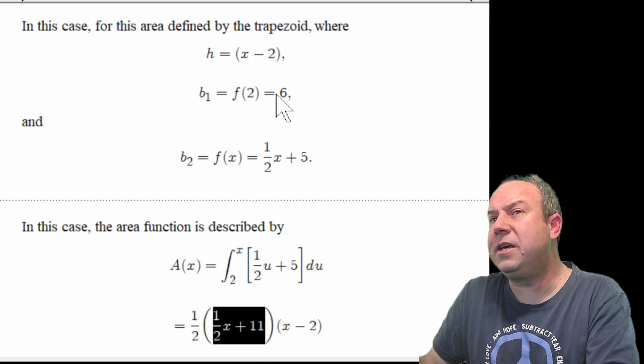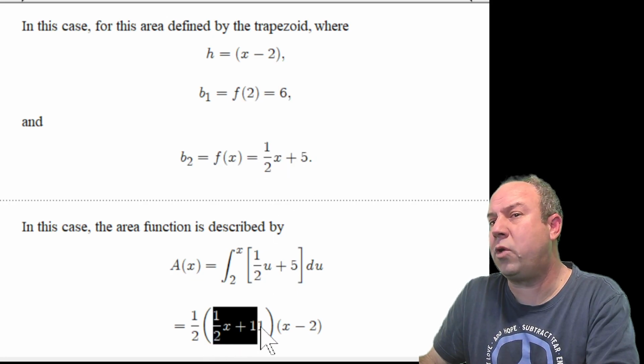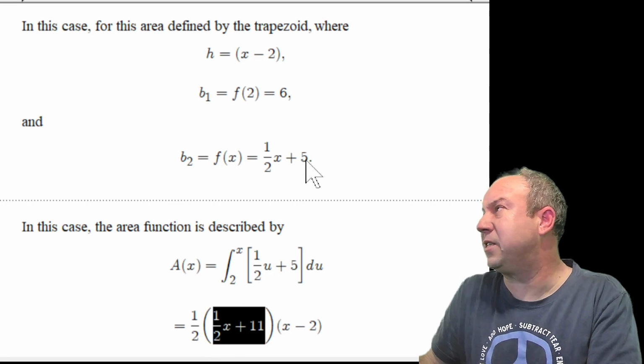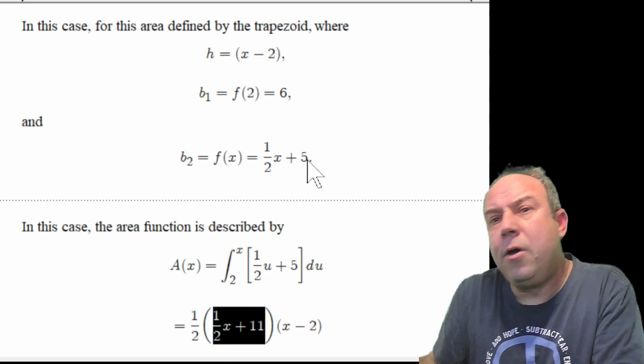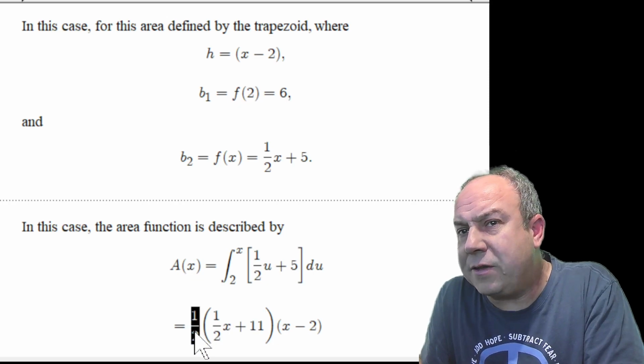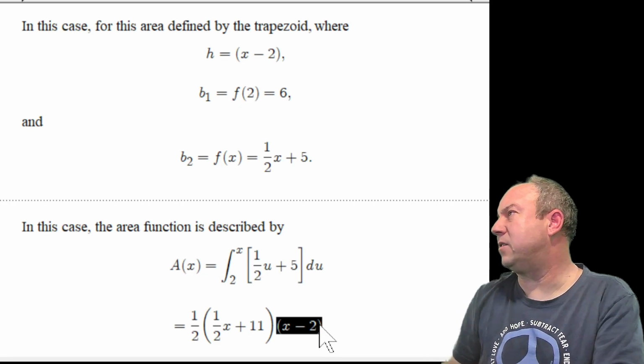Here is the sum of 6 with 1/2 x plus 5. That becomes 1/2 x plus 11. 6 plus 5 are the like terms and add together to give you 11. When you cut that in half, you get their average. And then we multiply it by that height of x minus 2.